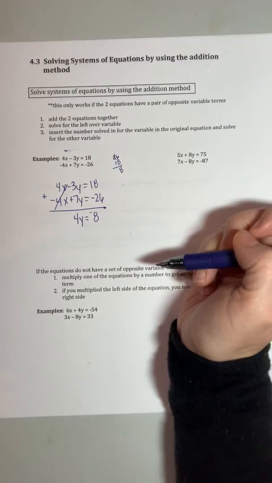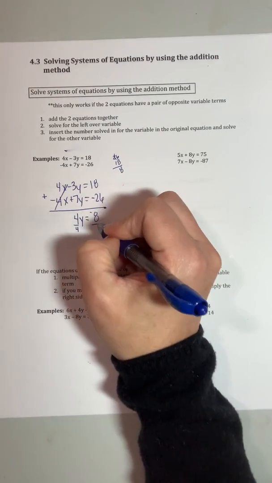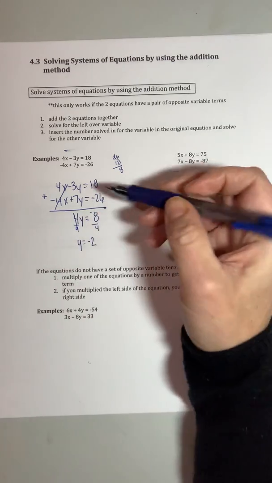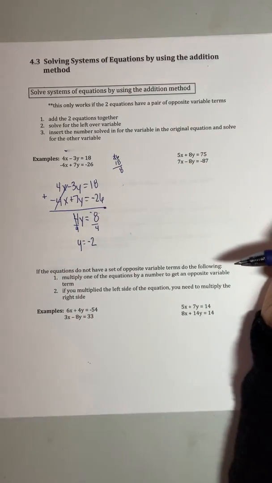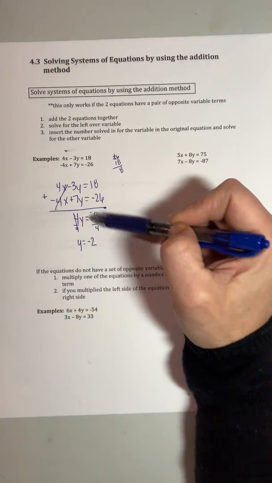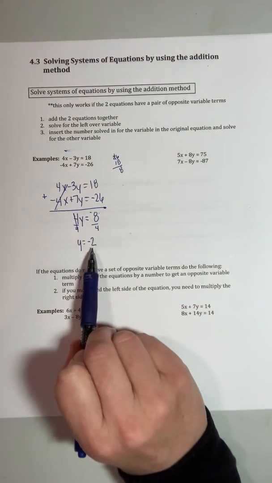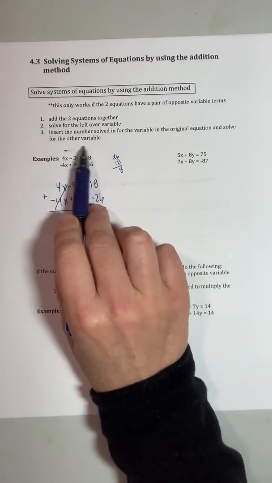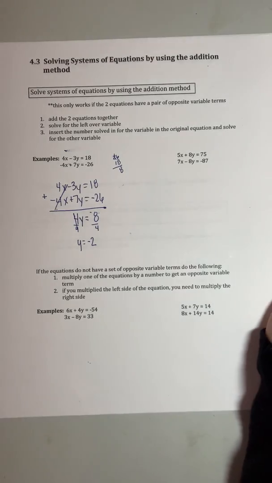Now we have a one-step equation. Divide both sides by 4. y equals -2. -8 divided by 4 is -2. So by this being eliminated, we can solve for y. And now that we have y, we can insert y in by substitution into either of these and solve.